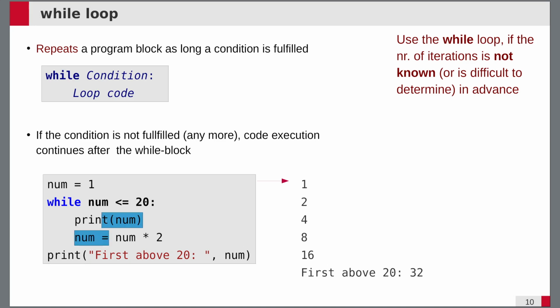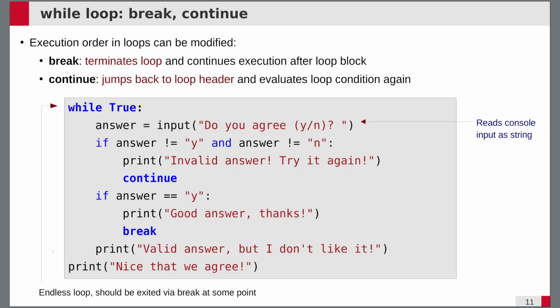If you don't know how often you have to do the loop, you repeat it again and again until a certain condition is fulfilled. And if this condition is not fulfilled anymore, then you are jumping out automatically. Code execution continues after the loop construct.